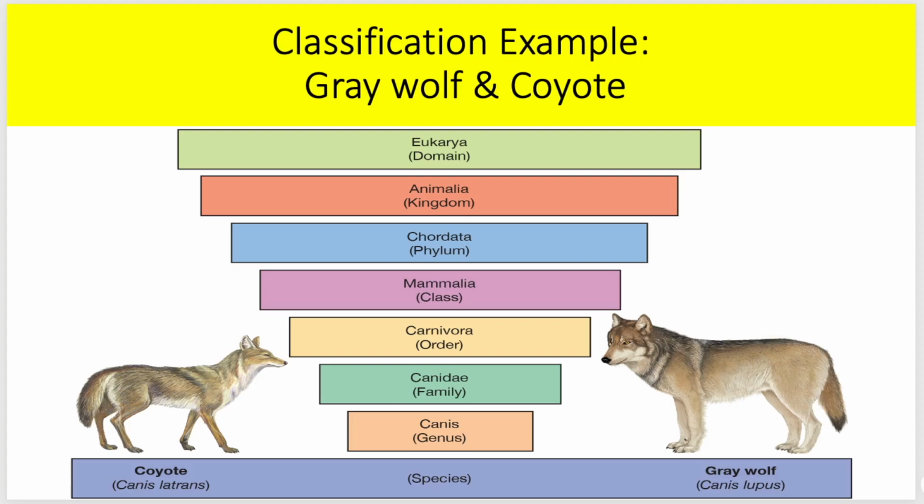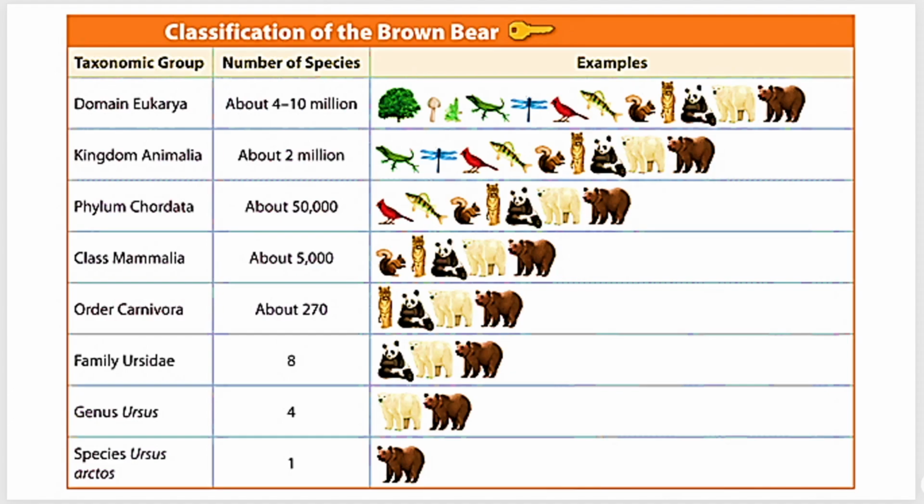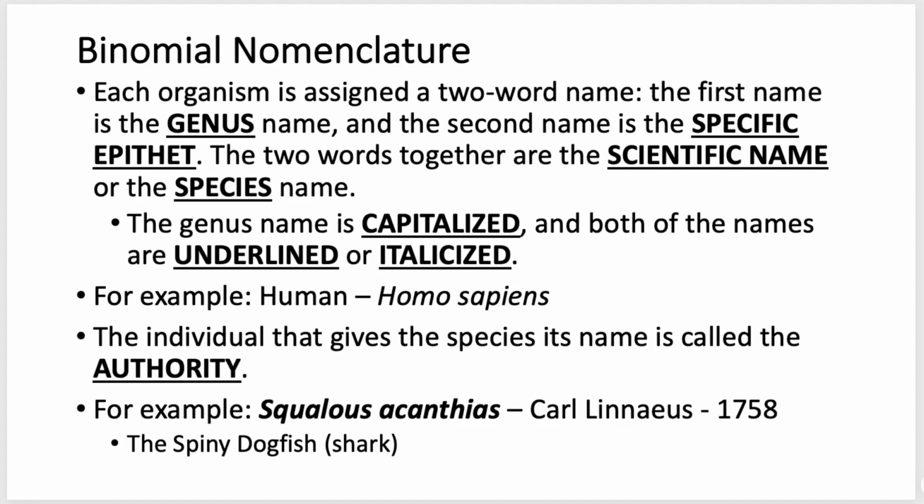So you'll notice they share the genus name, but then the species name is specific to that one type of species. And then here's another example that I won't go through, but just with the brown bear, the Ursus arctos. And you'll notice, right, domain, there's lots of organisms, but then as you move down, it gets more and more narrow until you get to one specific species.